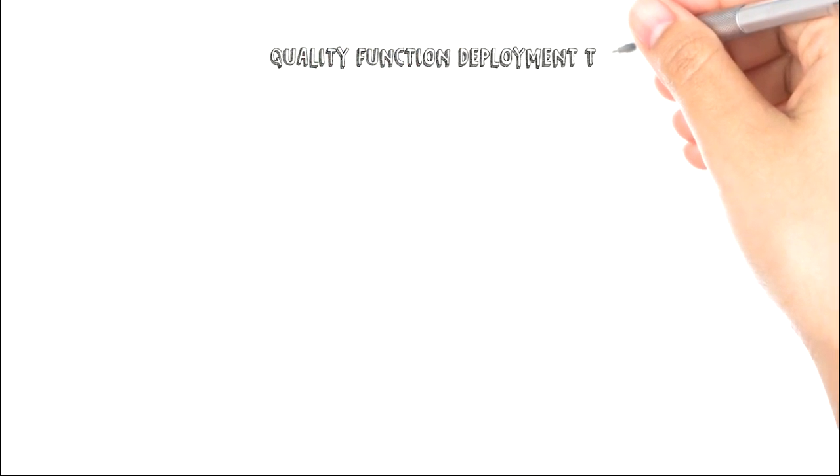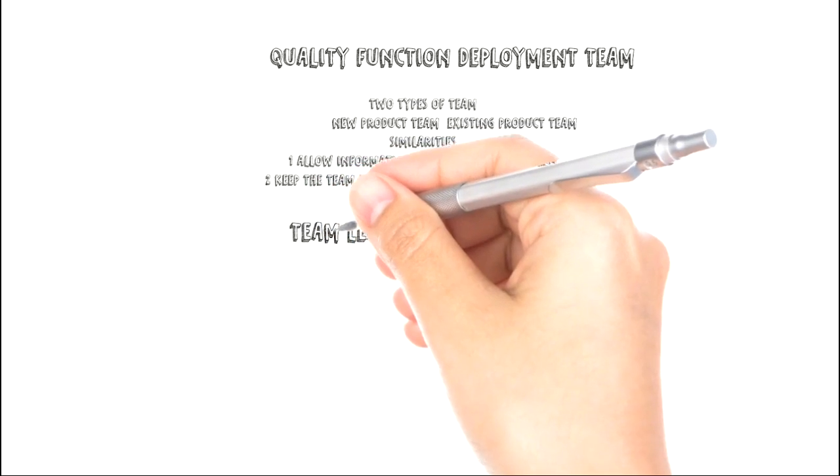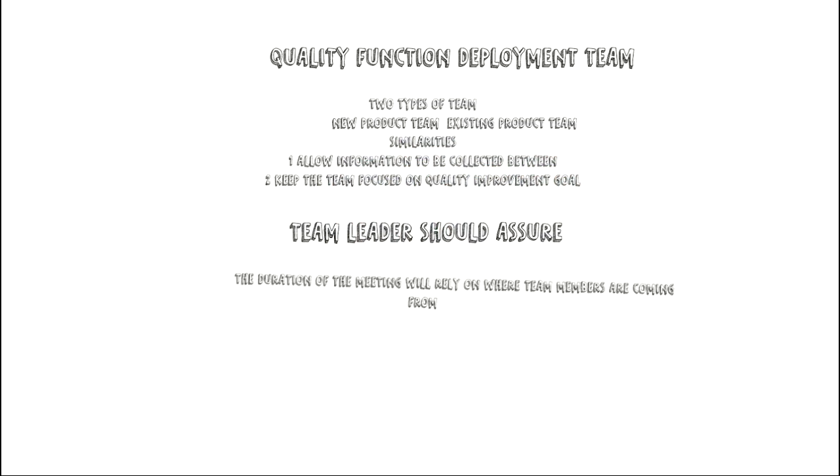In quality function deployment teams, there are 2 types of team, namely the new product team and the existing product team. The similarities are, it allows information to be collected between them. It also keeps the team focused on the quality improvement goal. Team leaders should assure that the duration of the meeting will rely on where team members are coming from.